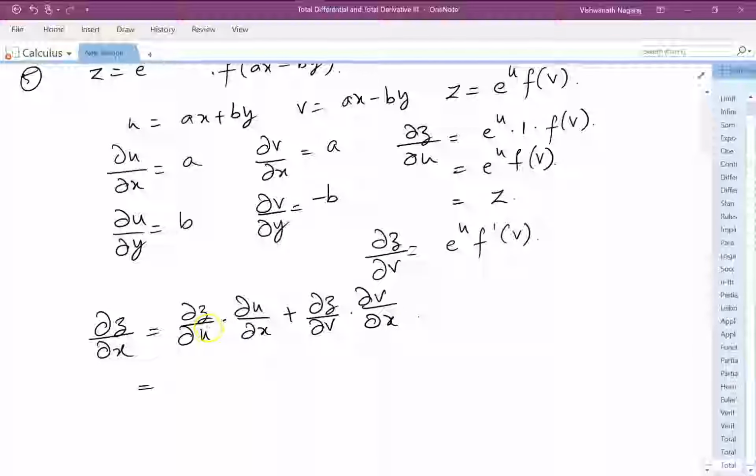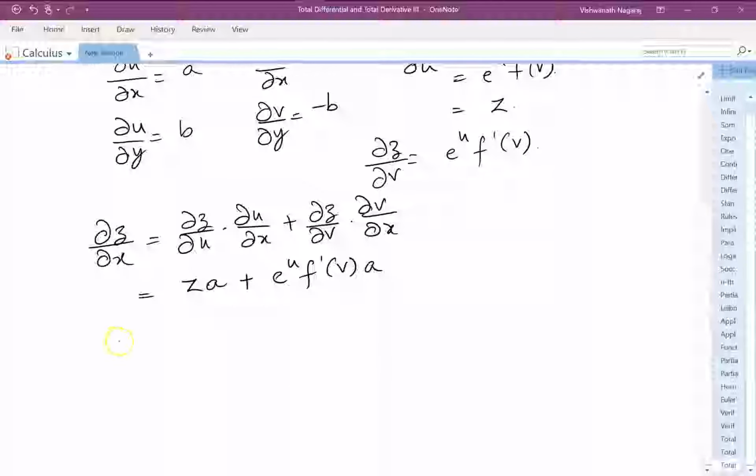So dou z by dou u is z, dou u by dou x is a, so za, plus dou z by dou v is e to the power of u f prime of v, times dou v by dou x, which is a.